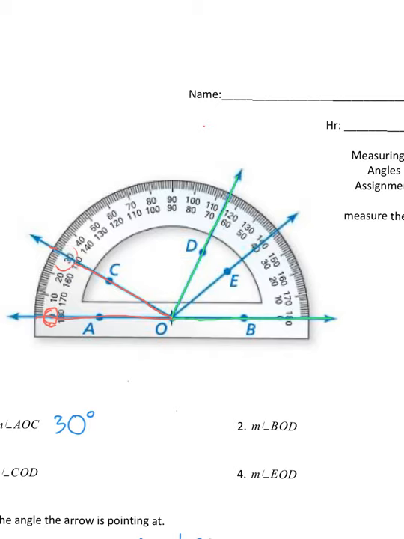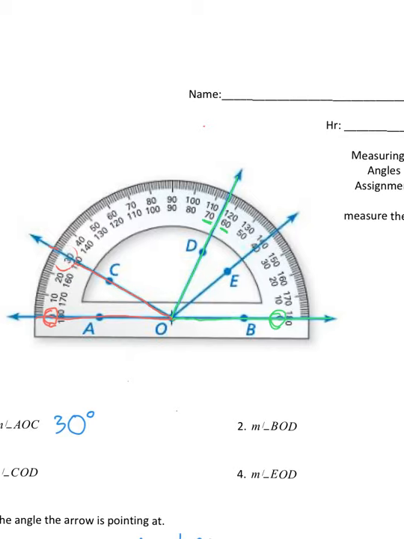So our 0 this time is on the inside of the protractor. So we need to look at the inside of the protractor because we always start at 0 and then we go up to where D is. And notice D on the inside is between 60 and 70.